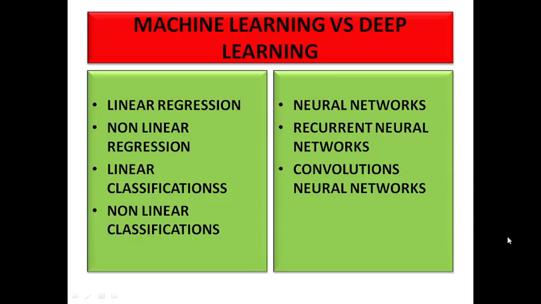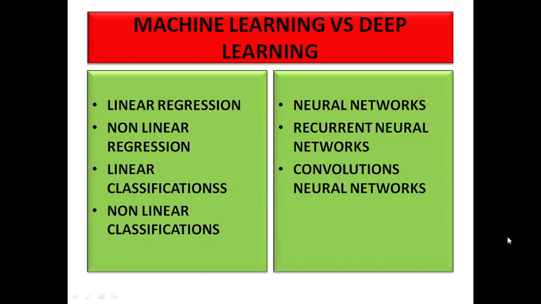Here some of the machine learning and deep learning algorithms are classified. In machine learning, linear regression, non-linear regression, linear classification and non-linear classification are applicable. But in deep learning, we are going way deeper and using more layer-based concepts.